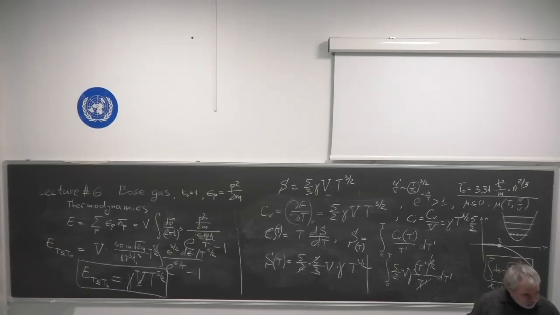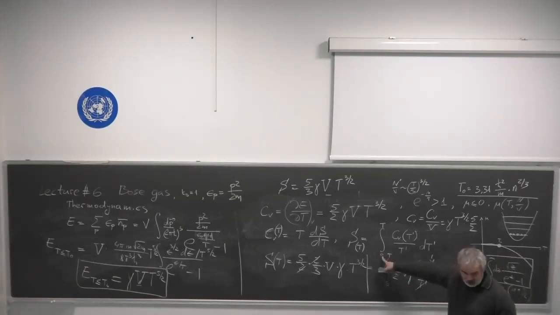For spin 1, 2s plus 1 is equal to 3. For spin 0, 2s plus 1 is equal to 1, right? The residual entropy of the ground state is proportional to the log of the degeneracy factor. For spin 0, log 1 is equal to 0. For spin 1, log of 2s plus 1 is log 3. This is the residual entropy of the ground state.